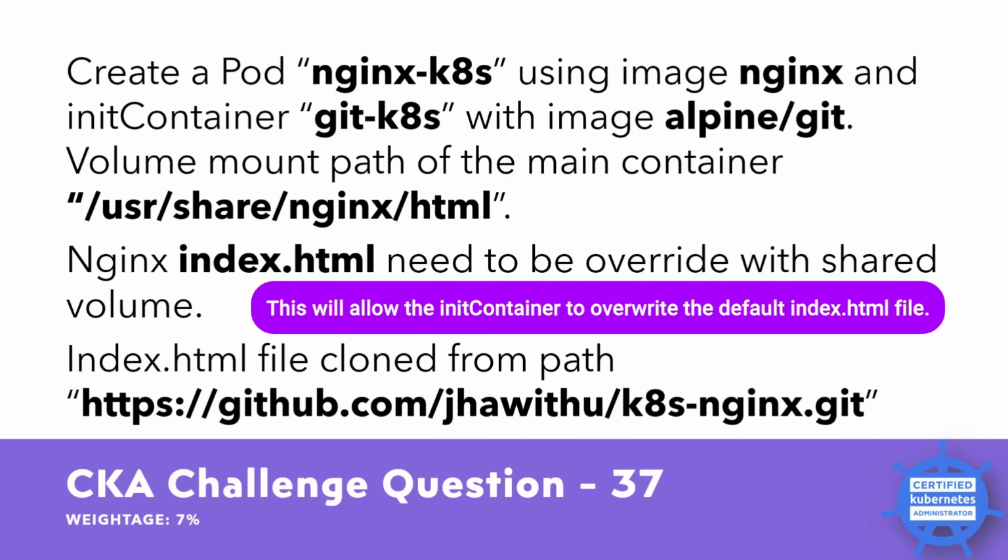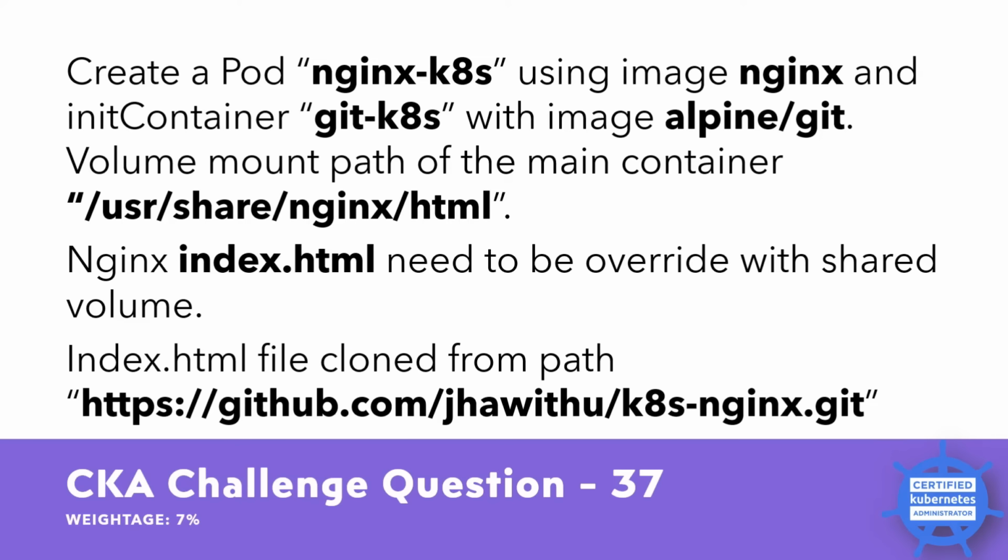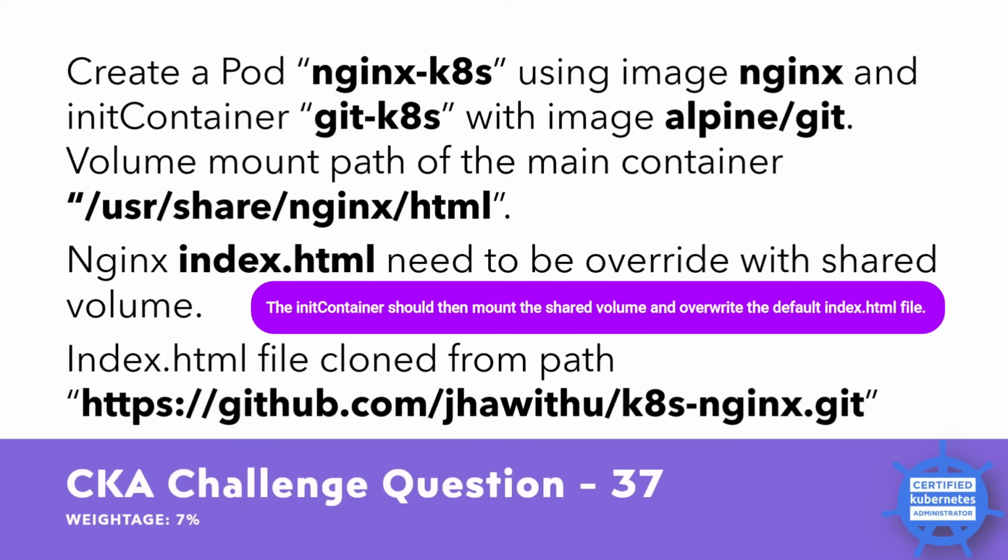This will allow the init container to override the default index.html file with the cloned version from the specified GitHub repository. The init container should use the alpine/git image and clone the index.html file from the specified GitHub repository. The init container should then mount the shared volume and override the default index.html file.